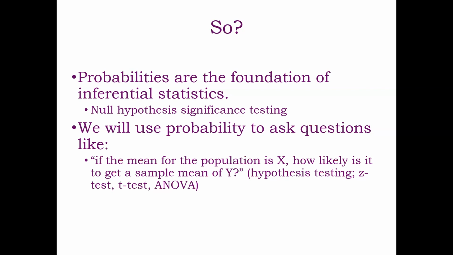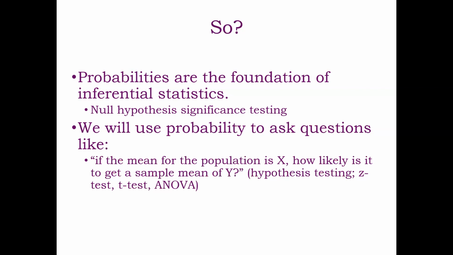Okay, so for example, if mean statistics scores for all students in the United States taking first-year statistics is 75, maybe I want to know if my students are better or worse. I'm a new teacher at this institution, right? So I might be a better teacher, or I might be worse.